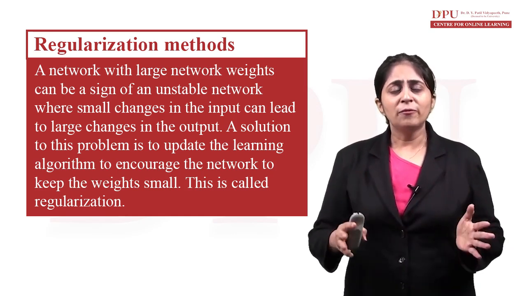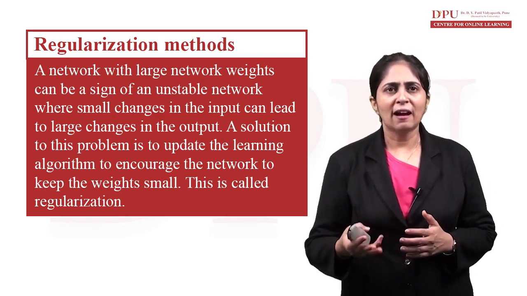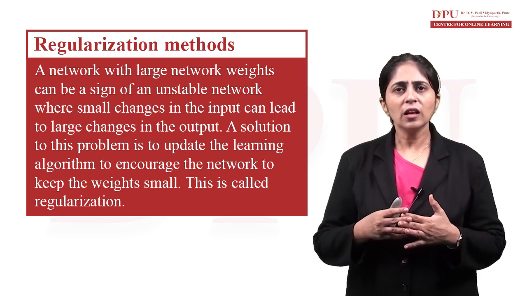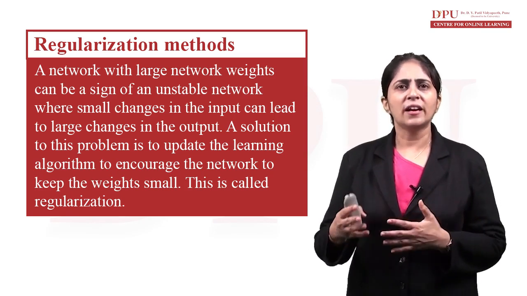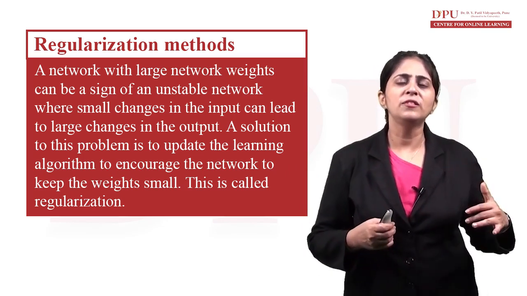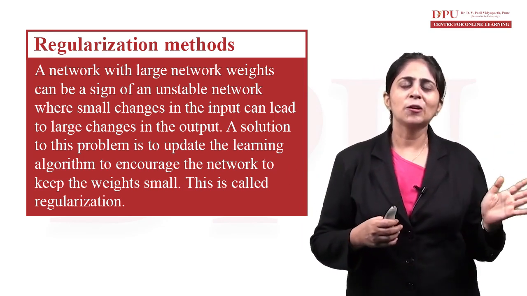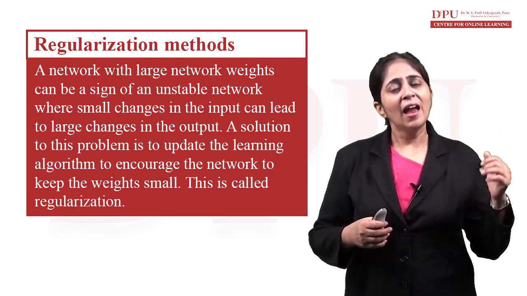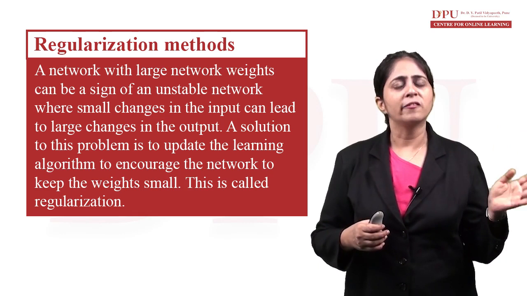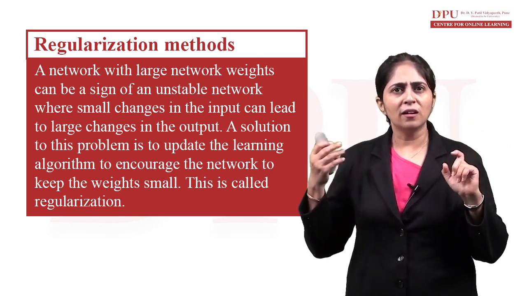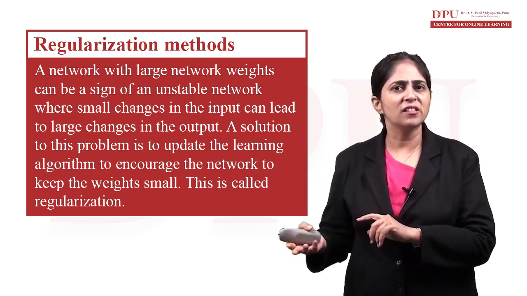If we have a network with large weights, our network can be unstable, where small changes in the input can lead to large changes in the output because of these weights. When we calculate results, our inputs get multiplied with the weights, so even a small change in the input gives large changes in the output.